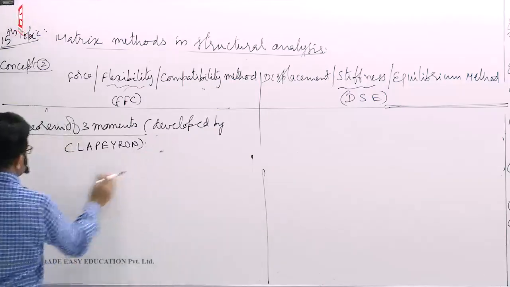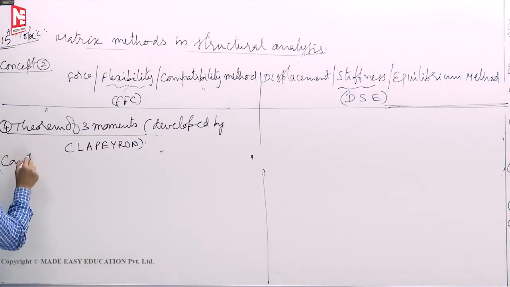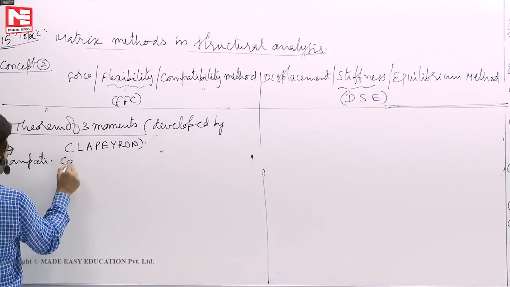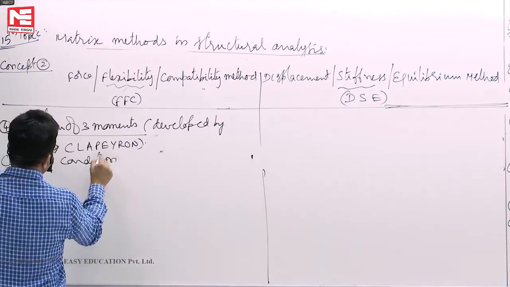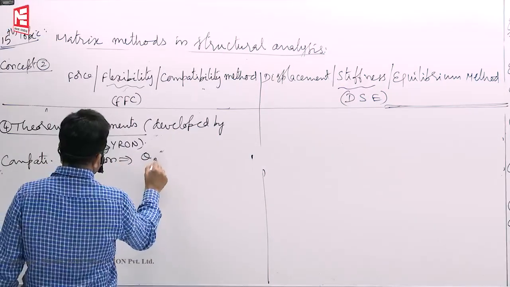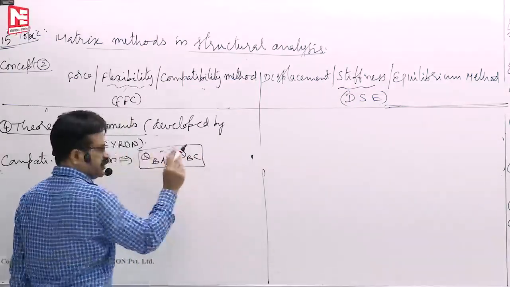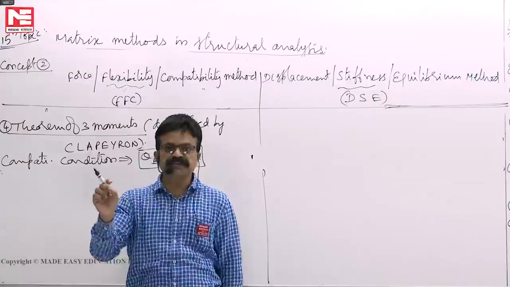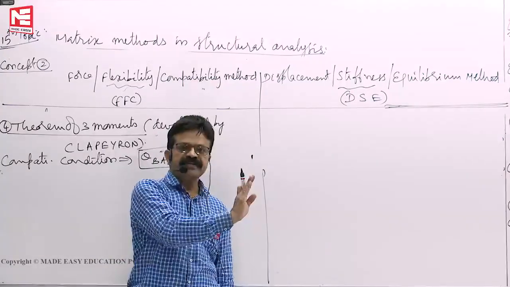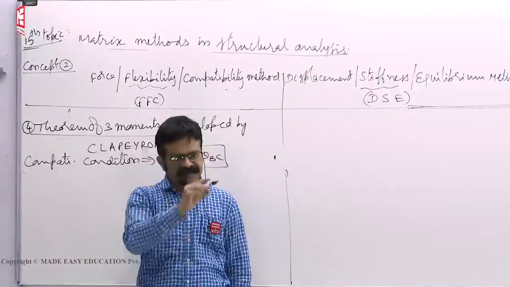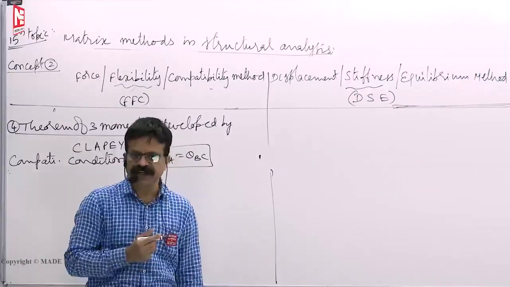In a continuous beam, he took the slopes theta BA equal to theta BC at an intermediate support of a continuous beam. Slope at one side is equal to slope at the other side. Otherwise, it means that the beam is broken.